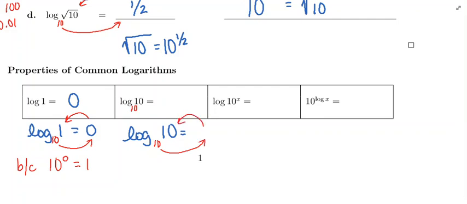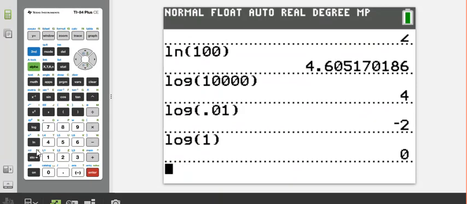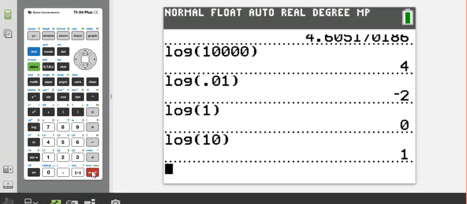So 10 to what power is going to give me 10? Well, that answer is 1. So this is going to be 1 because if you take the base and raise it to the first power, you're going to get this number 10. You can check yourself on the calculator. Log of 10 is, sorry, log of 10 is 1.